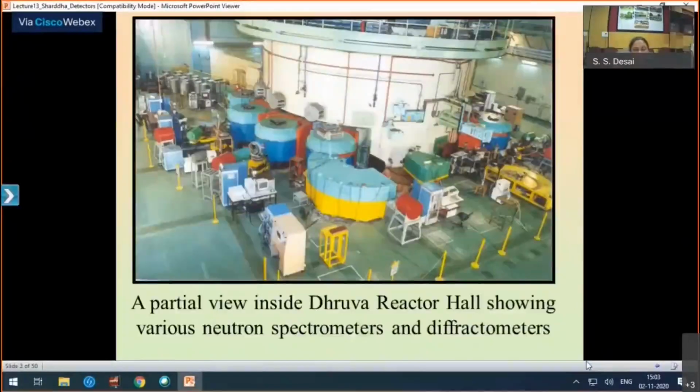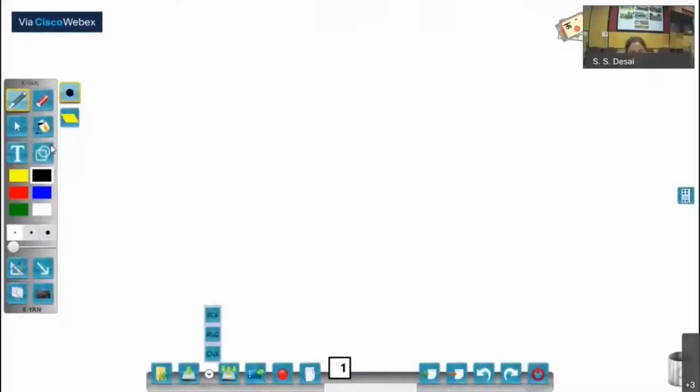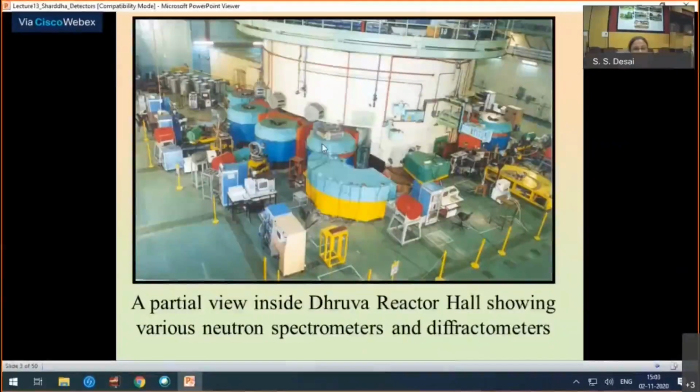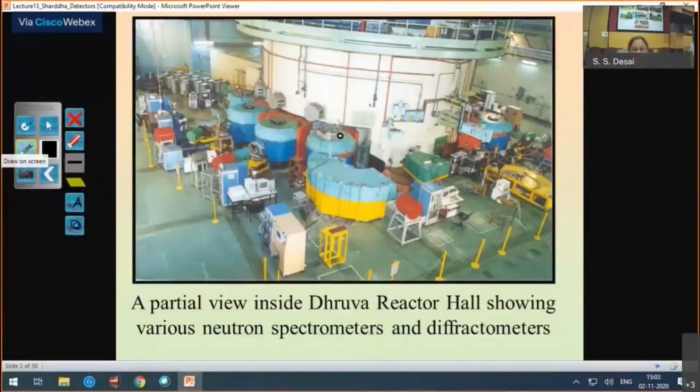This is a one-sided view of the Dhruva reactor. You can see all these beams coming along, and then they are taken to the monochromator drums.